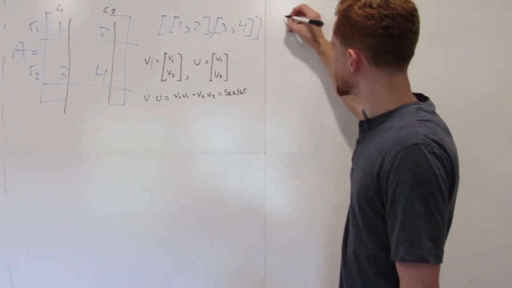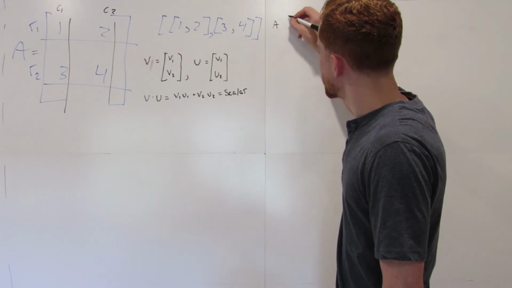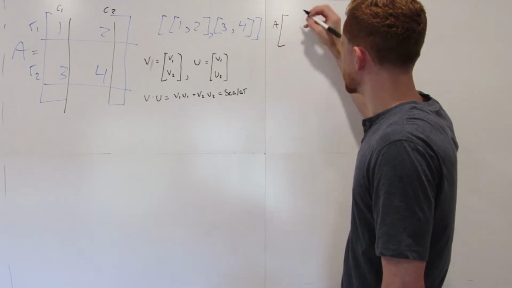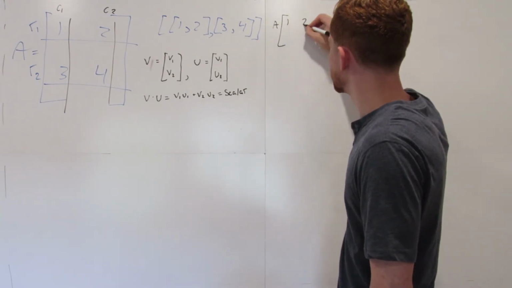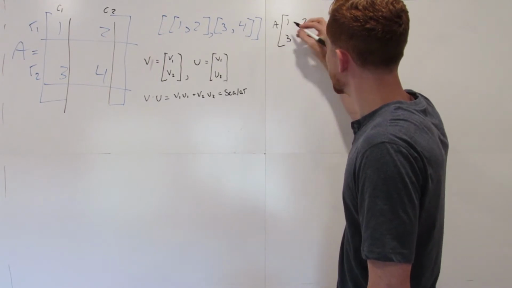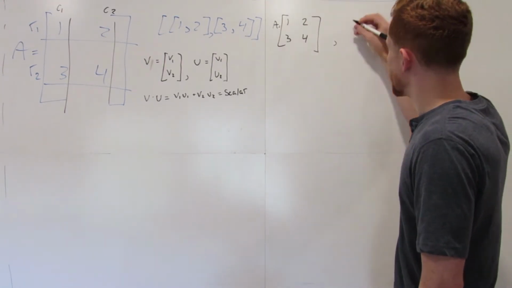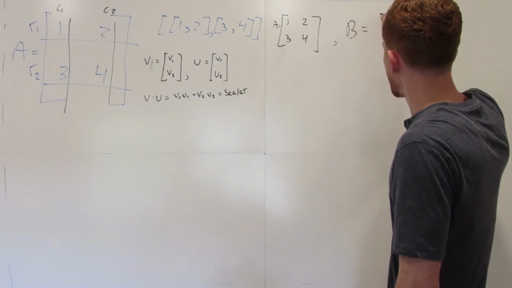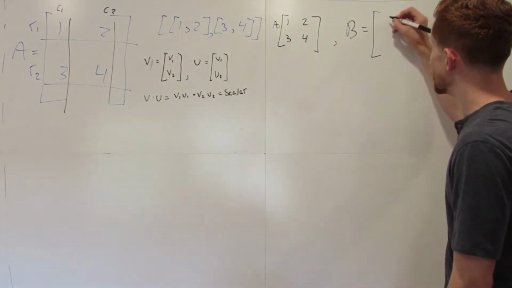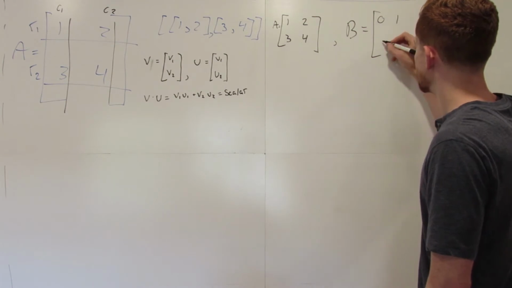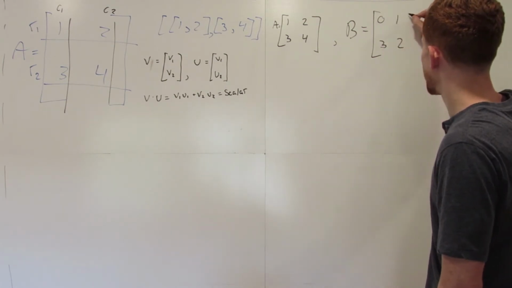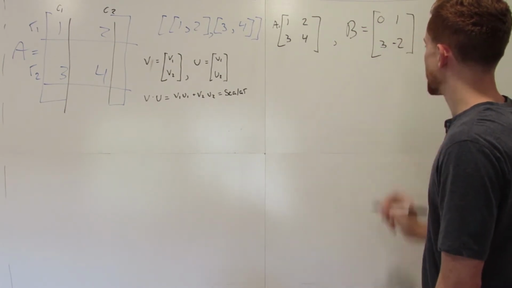So let's say you have some matrix A, and then we'll just give it some simple values. So 1, 2, 3, 4. Maybe I'll draw the next one a little bigger. Then you have B. And let's just do 0, 1, 3, negative 2. Just put a negative 2 in there, why not?